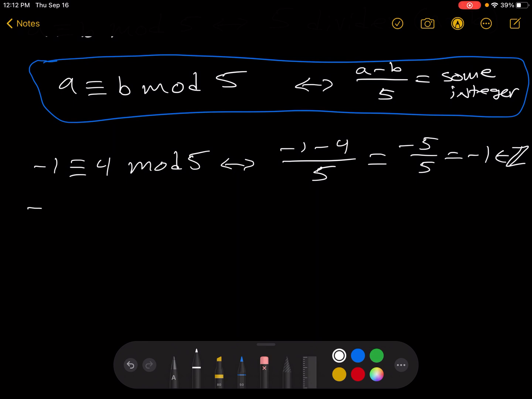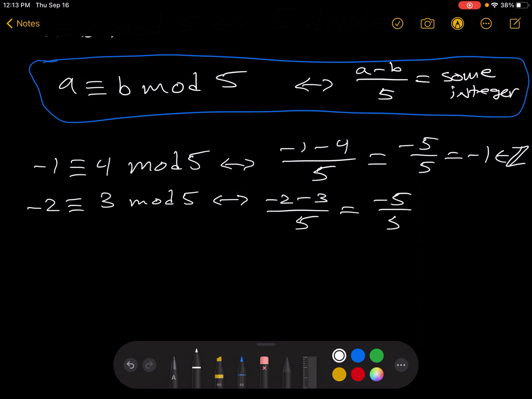All right, let's look at another one. Negative 2 is congruent to 3 mod 5. We'll check to make sure that's true. That's true if negative 2 minus 3 over 5 is equal to some integer. This again gives you negative 5 over 5, which is negative 1, an integer.